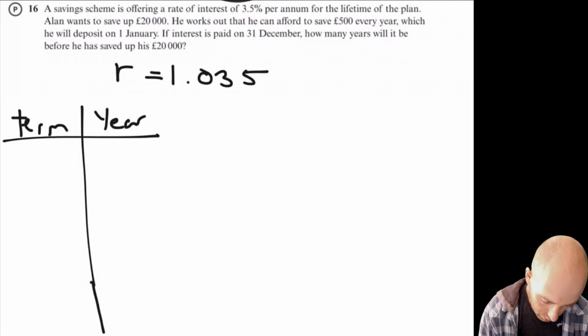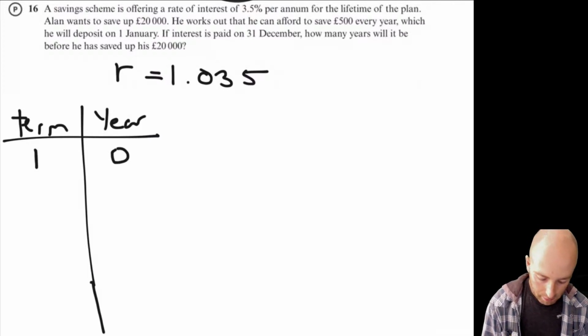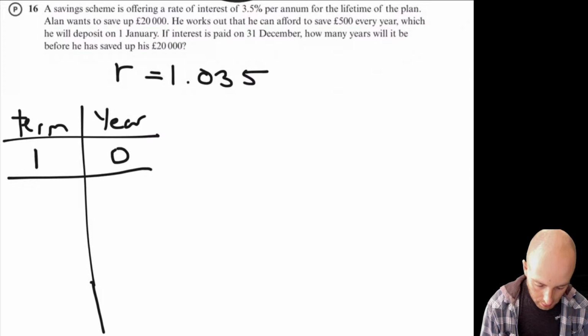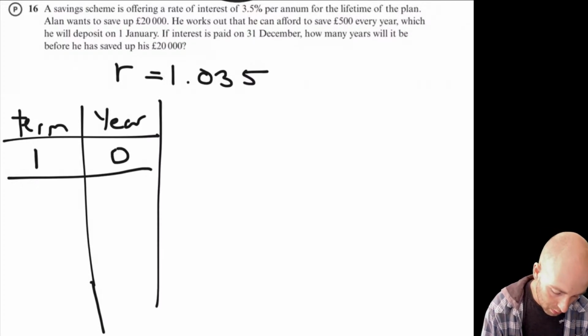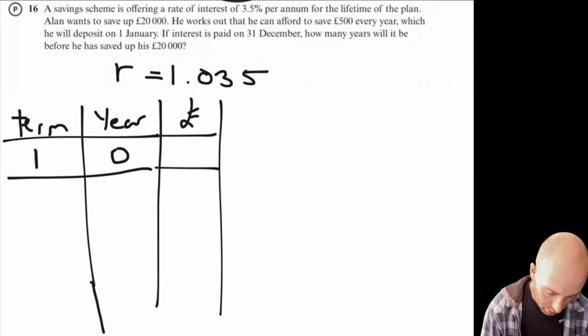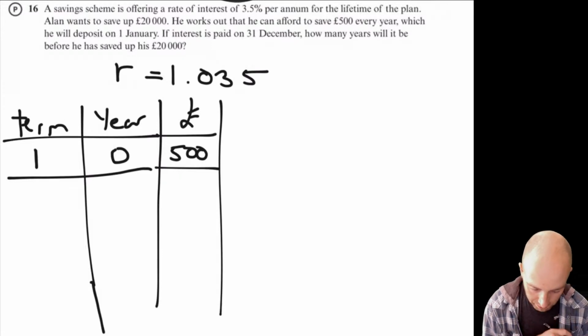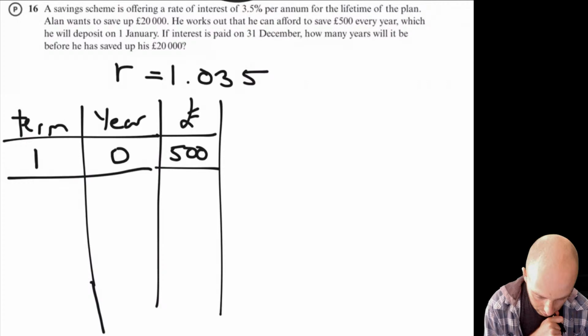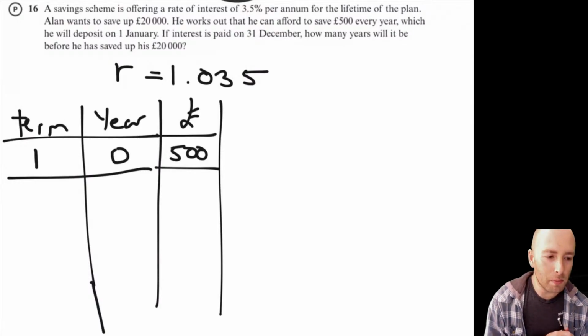So first term is going to be 0 years. Okay, and we can write down the number as well, so let's put a pound sign there too. So we do the first few of these and it comes nice and easy. 500. Oh, this is quite tricky actually. Maybe I've been a bit harsh on you guys. This is a pretty brutal question.